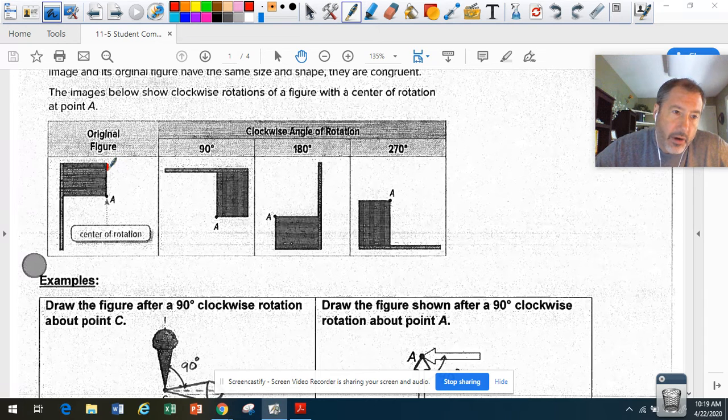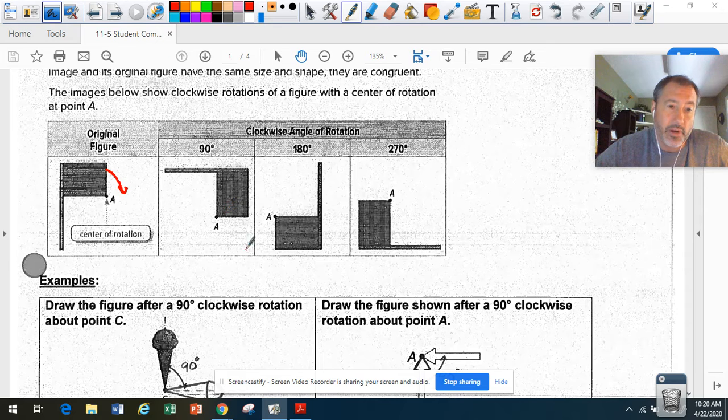This edge right here, if we're going to rotate it 90 degrees clockwise, this edge is going to end up being right over on this side here because this here is a 90-degree angle right here. Okay, this is 90 degrees right here. So from here to here is 90 degrees. So all we're going to do is rotate this edge down 90 degrees down here.